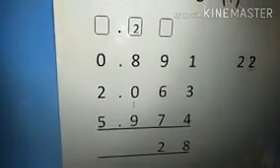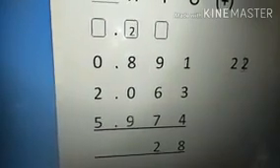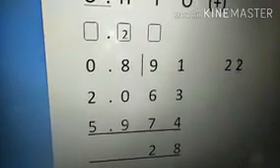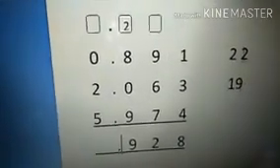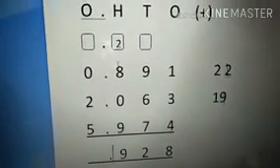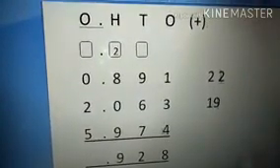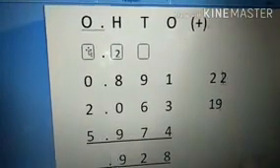Then we have to take 9 fingers. After 10: 11, 12, 13, 14, 15, 16, 17, 18, 19. Children, I got the 9. Right under the hundredths place, then carry the 1 into the ones place.